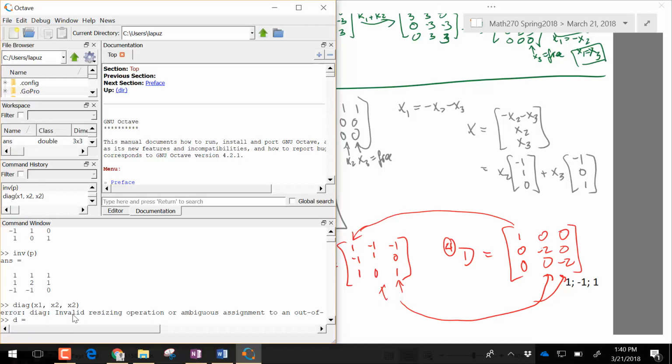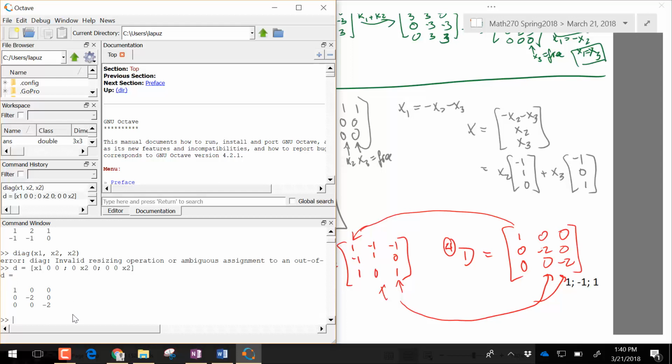So let's just call the diagonal matrix, X1, 0, 0, 0, X2, 0, 0, 0, X3. There it goes. So this is my diagonal matrix, and my P inverse and my P are set.